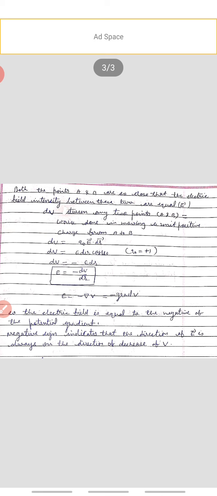On putting Q naught equal to plus 1, we get dV equals minus E dr, and finally we get E equals minus dV by dr.